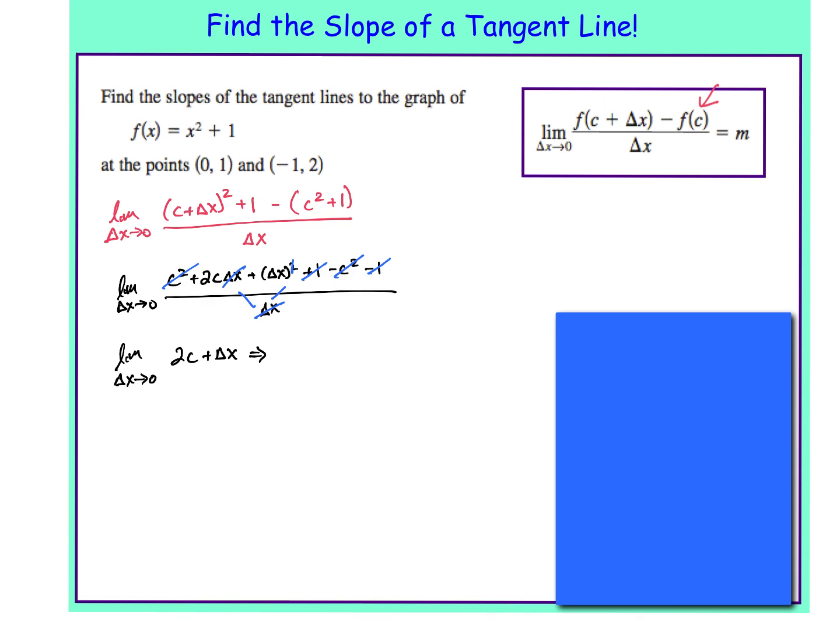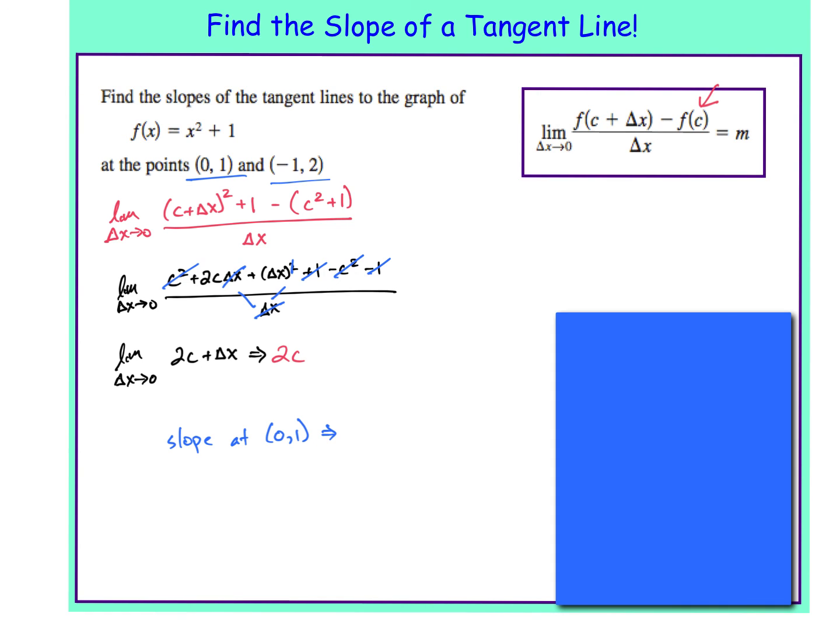Now, what do I substitute in? I substitute in 0 for delta x. And so when I substitute in 0, now I get 2c. All right. And so my slope equation is 2c. But I want to talk about at the points 0, 1 and negative 1, 2. So I want to find the slope at 0, 1.